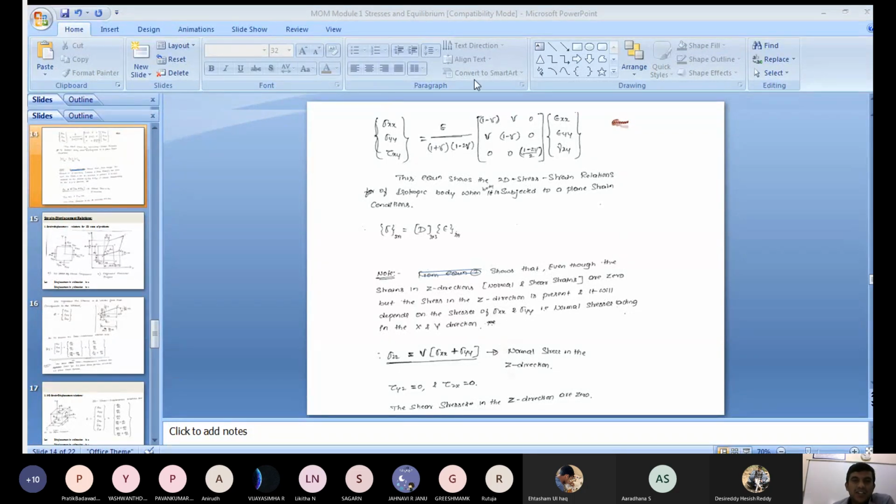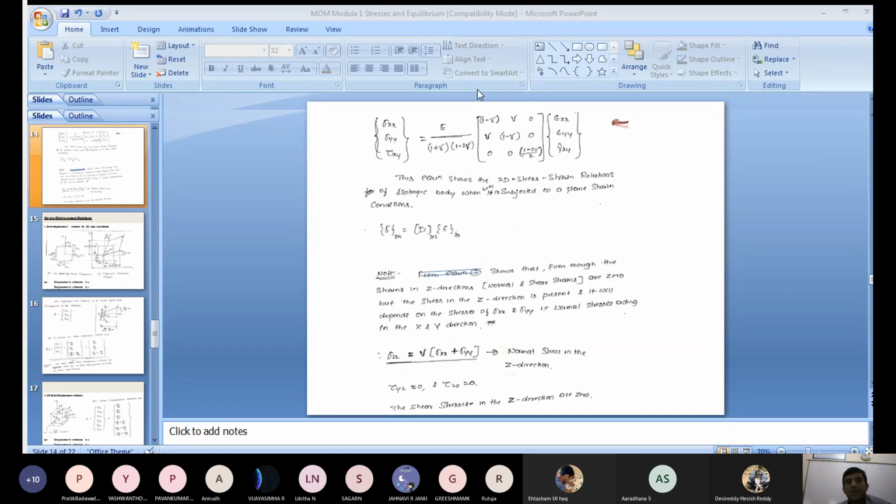Now, how do you remember this equation? In the three-dimensional stress-strain relationship, you get the same equation here. There you substitute tau xz, tau yz, and sigma zz as 0, and similarly gamma xz, gamma yz, and epsilon zz equal to 0.